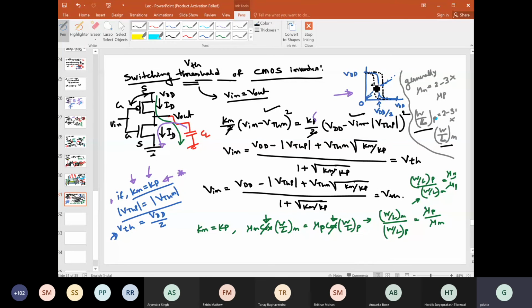It will shift towards this side. So that way also you can see, by changing only the width of this PMOS or NMOS, you can actually shift the threshold voltage, meaning the switching threshold, of this CMOS inverter, right?